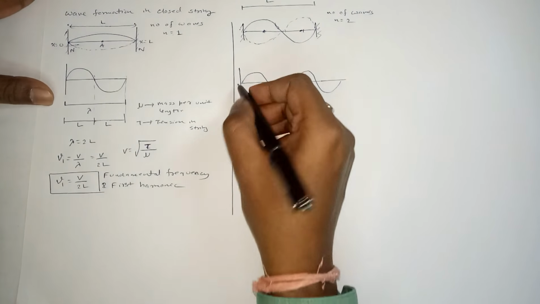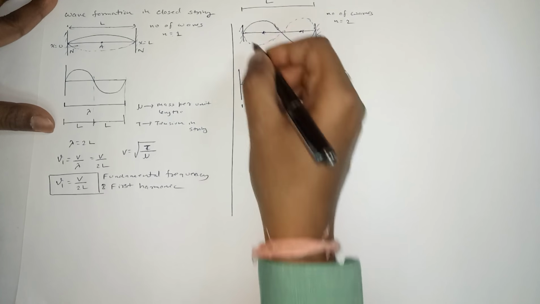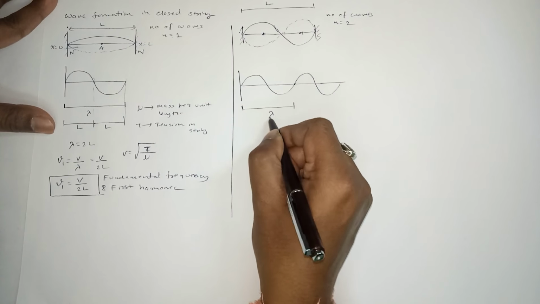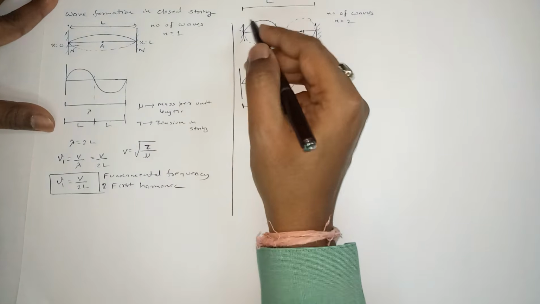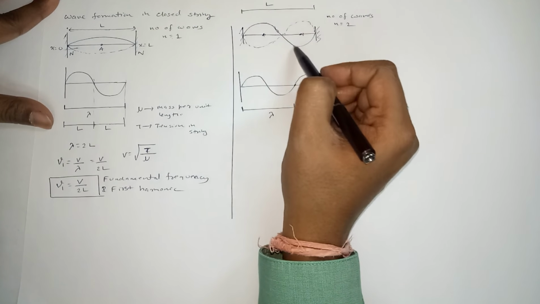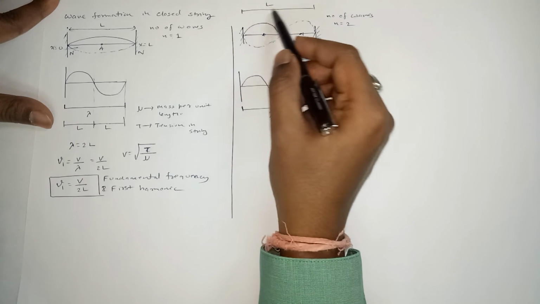Now you have to relate its wavelength with L. You know that this is equal to lambda and this is also equal to lambda. While going through the first wave from this point to this point, traveling a distance of lambda, that is also equal to L.